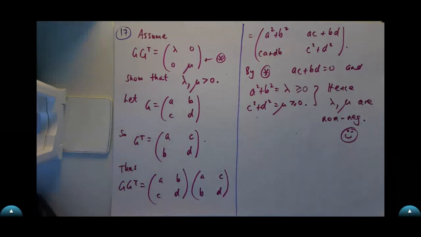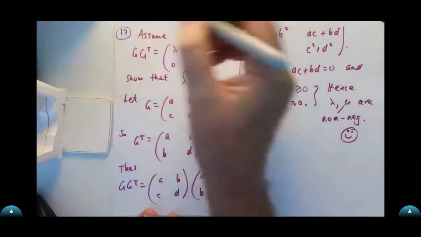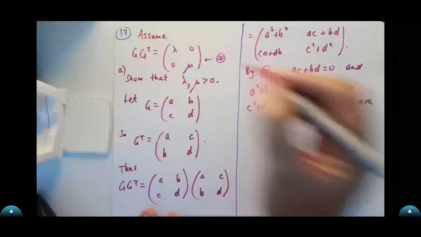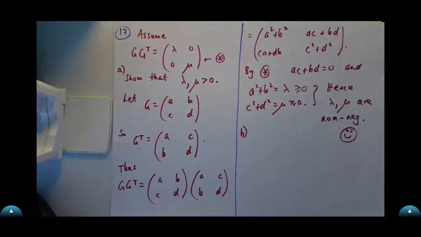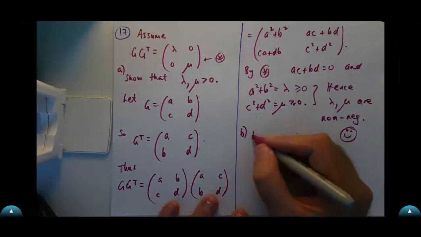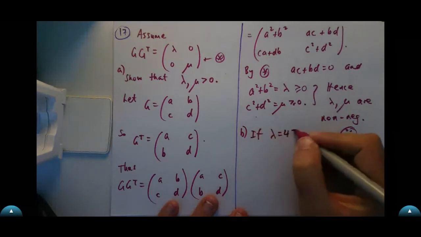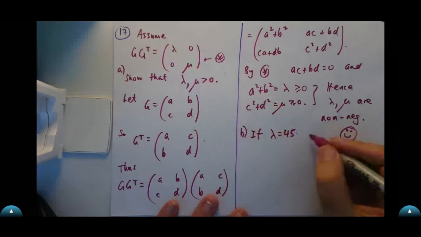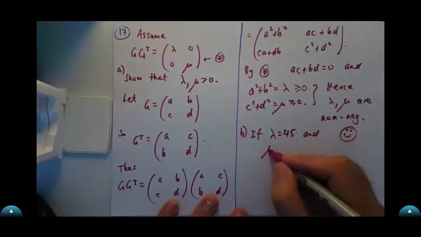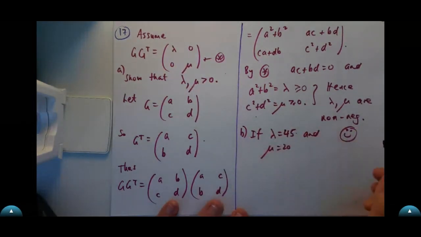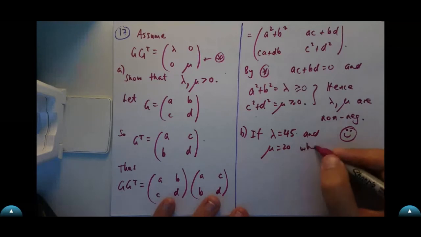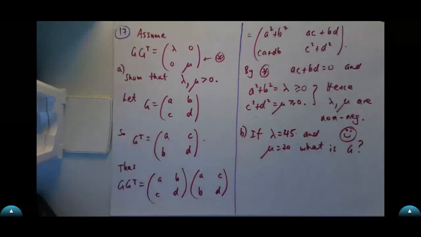Okay, so the second part of this question says if lambda equals 45 and mu equals 20, what is G?